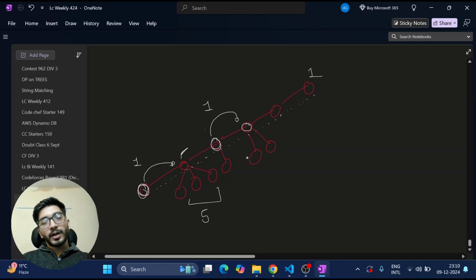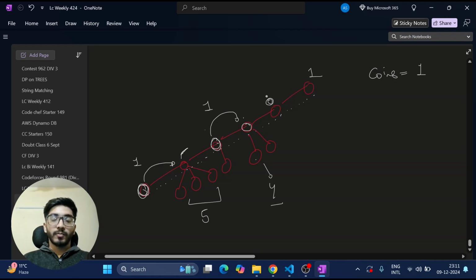From this particular point, I know 1, 2, 3, and 4. There are 4 options, and this is an even move node. So I know there are total 4, and let's assume that we have a coin as 1. So I only have a single coin to be used. So again, I will be at this point with an odd number of moves, so I can go towards my right direction in one move.